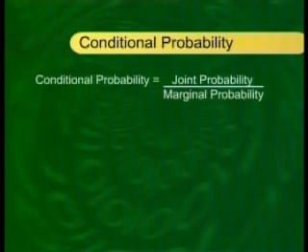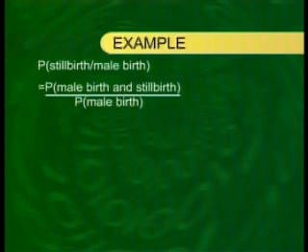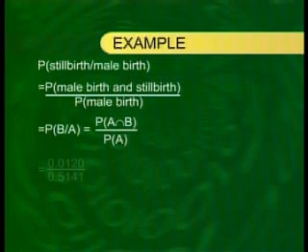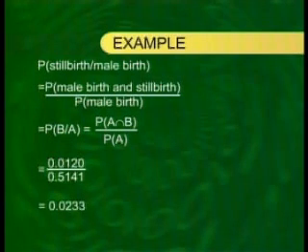Another very important equation is that conditional probability is equal to joint probability over marginal probability. In this example, the probability that it is a stillbirth, given that it is a male birth, is equal to the probability of the joint event, that it is the male birth and the stillbirth, divided by the probability of male birth. And this is totally in accordance with the formula of conditional probability that I conveyed to you in the last lecture.